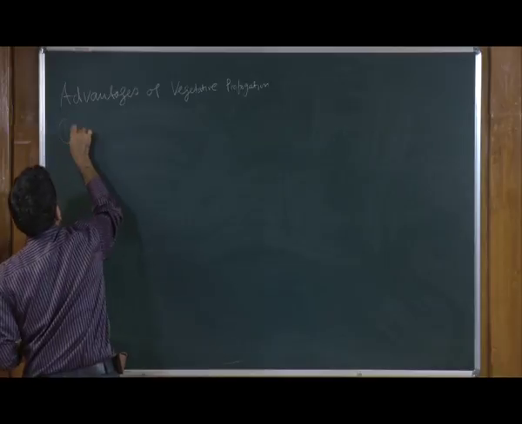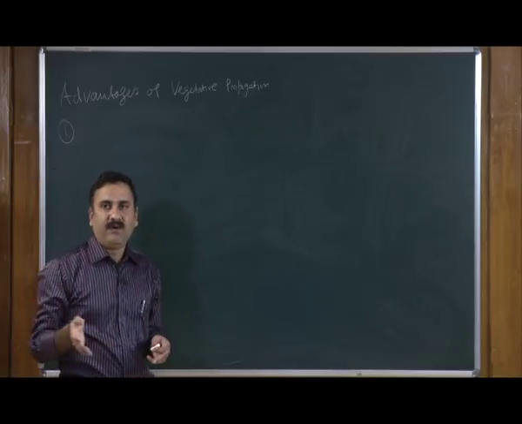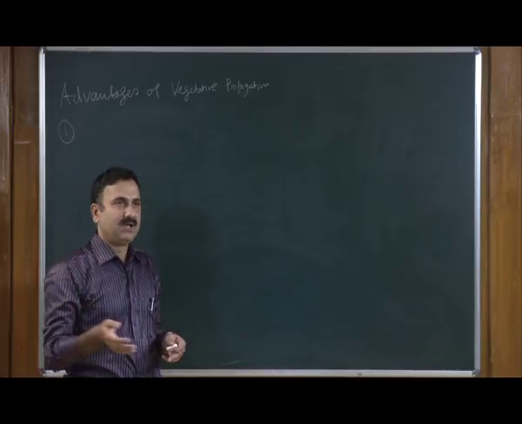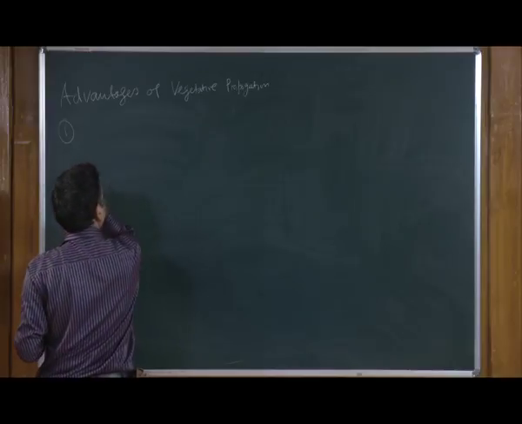Vegetative propagation is the most selective way of making new plants in those cases where the plants do not have the ability to form seeds.